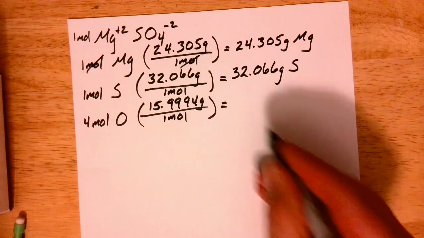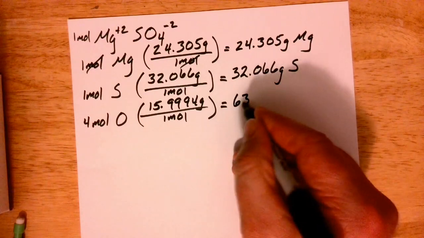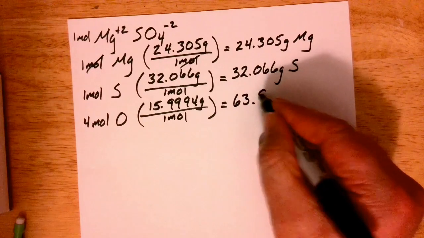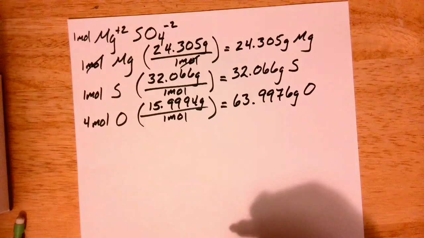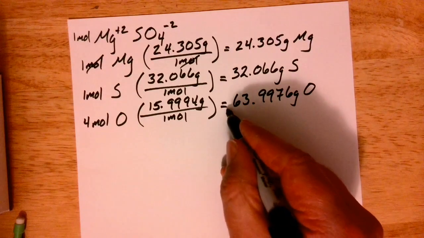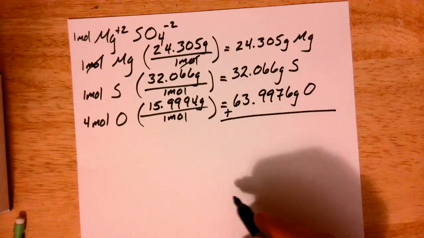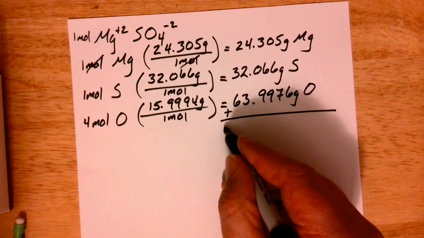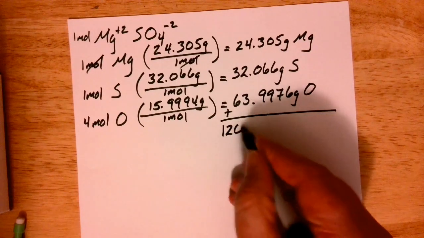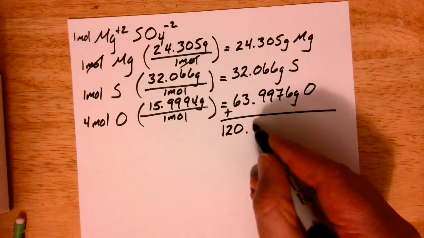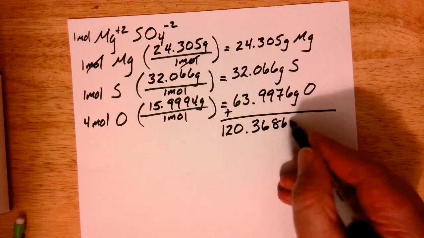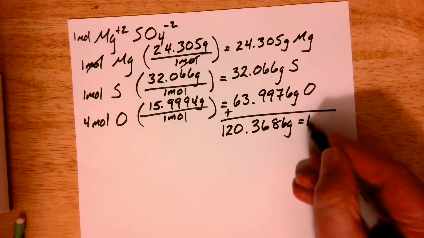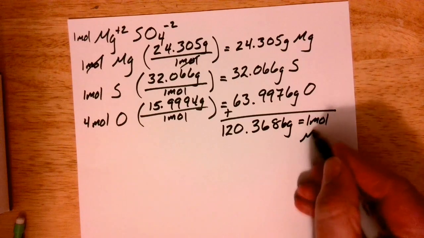And for oxygen it is 63.9976 grams of oxygen. And then to find the mass of the whole thing, add everything together. You would have a total mass of 120.3686 grams is equal to 1 mole of magnesium sulfate.